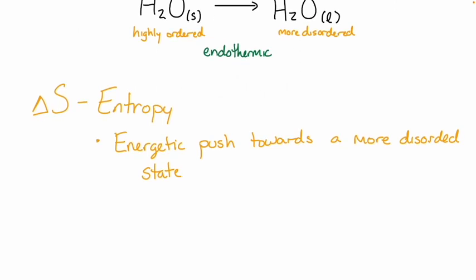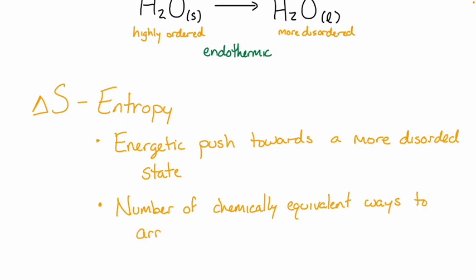The strictly speaking statistical mechanics definition here is entropy is the number of chemically equivalent ways to arrange a system.